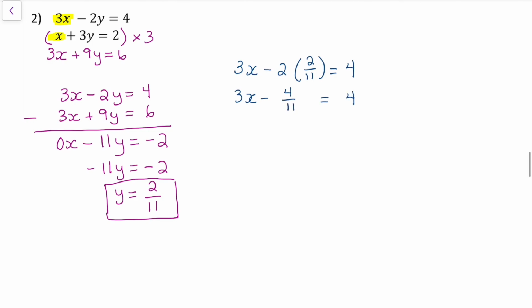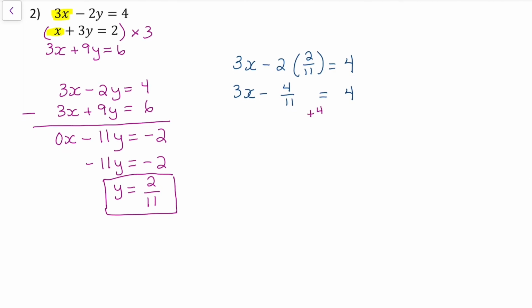So I'm going to add 4 over 11 to both sides, and I get 3x equals 48 over 11. And then I'm going to divide by 3, and I get 16 over 11.